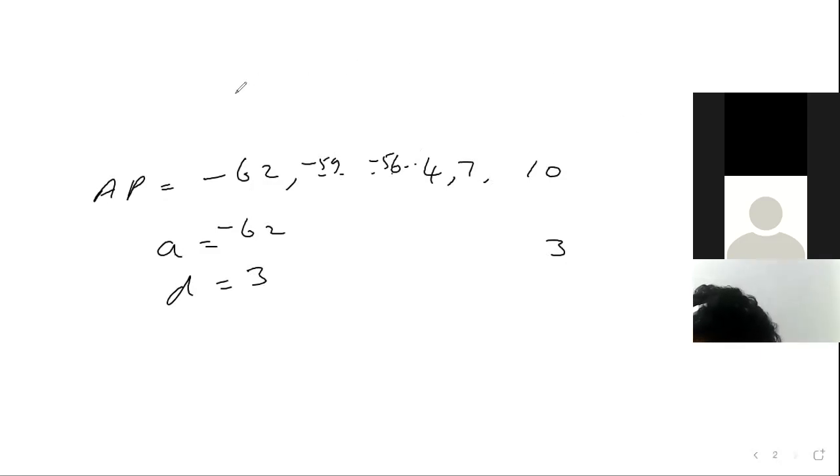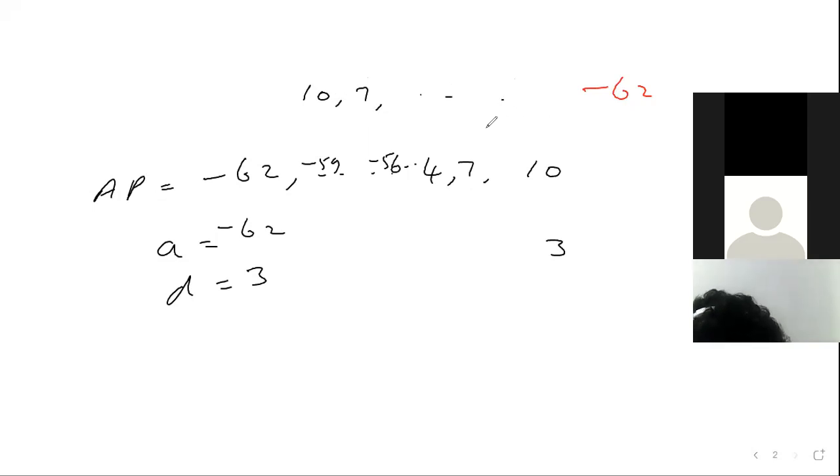The question is like that only. It was 10, then 7, going on, and here minus 62. Before minus 62 is minus 59, before that minus 56.